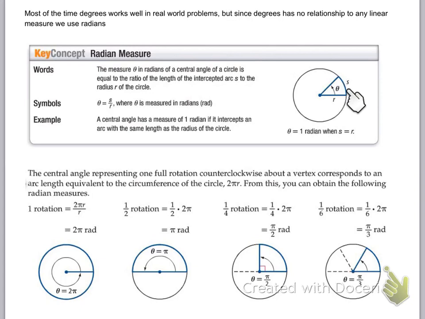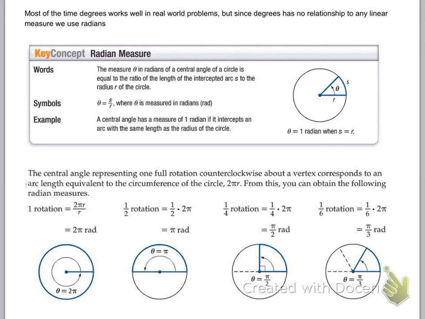So radians, if you think about this, your circle circumference is 2 pi r. And if I divide that by r, you find out that there are 2 pi radians in a whole entire circle. And remember, pi is 3.14, and so 2 times 3.14 is about 6.28.